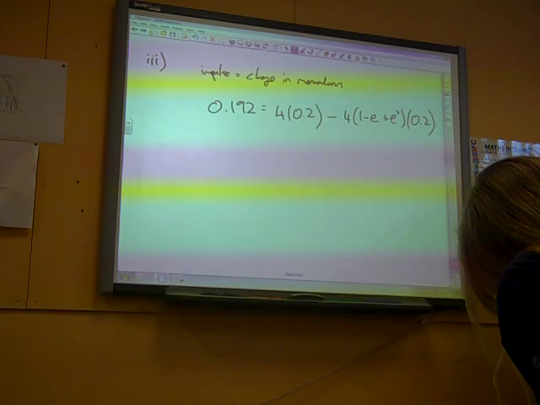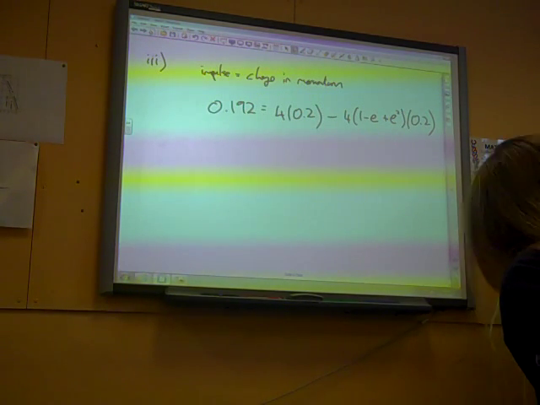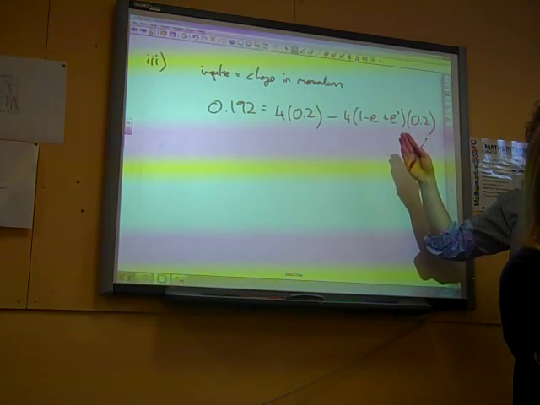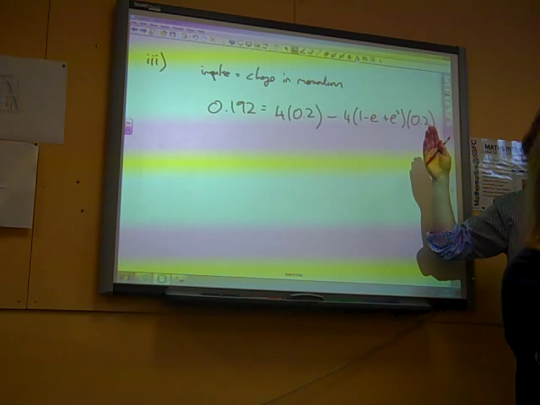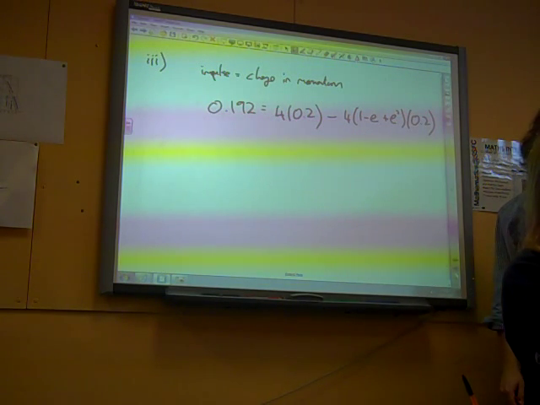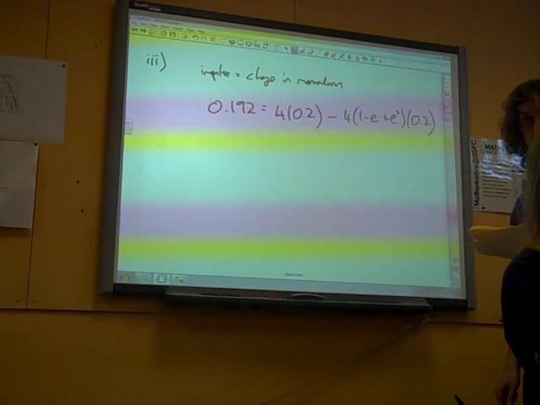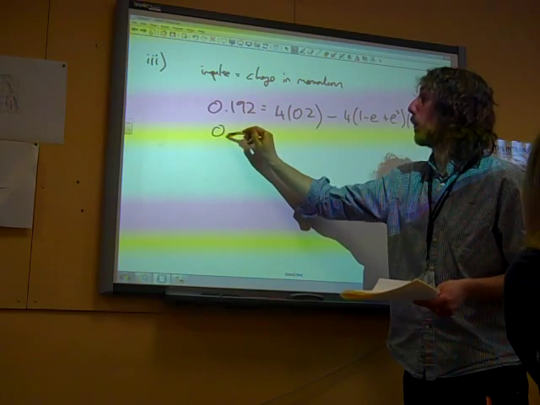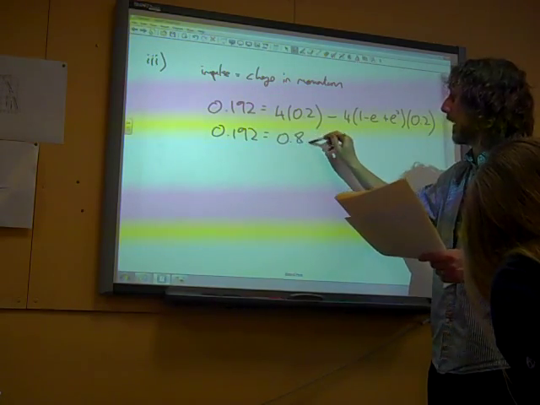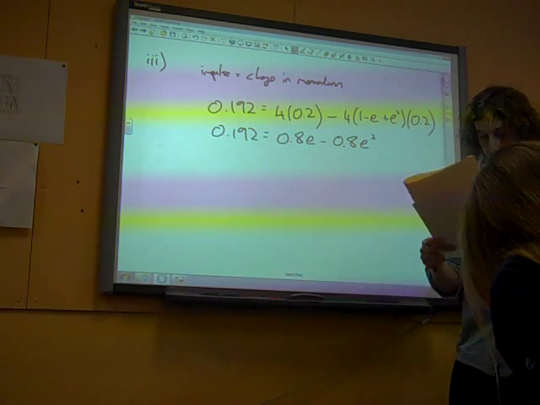That's my final momentum of A. And the thing that has changed this momentum of A is the impulse exerted by B on A. So that's how it all ties in together. This, again, looks complicated, doesn't it? But if we simplify this, we get 0.192 is 0.8E minus 0.8E squared.